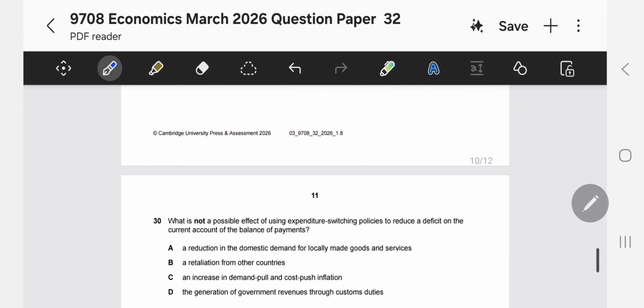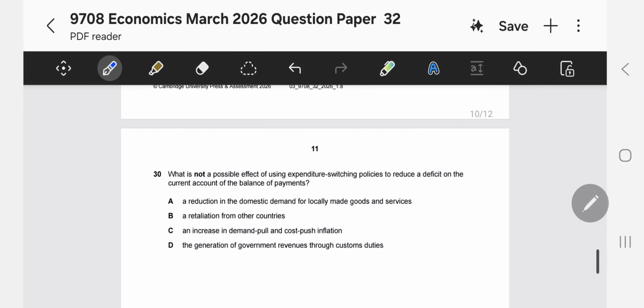All right, let's look at the last question. It's 26 minutes. Maybe we'll go up to 27 or 28. Good timing. What is not a possible effect of using expenditure switching policies to reduce the deficit on the current account of the balance of payments? Right, let's look at the answers. A, a reduction in the domestic demand for locally made goods and services.